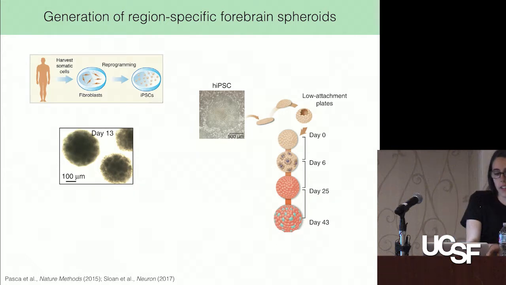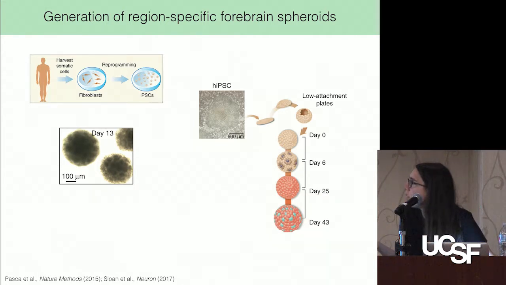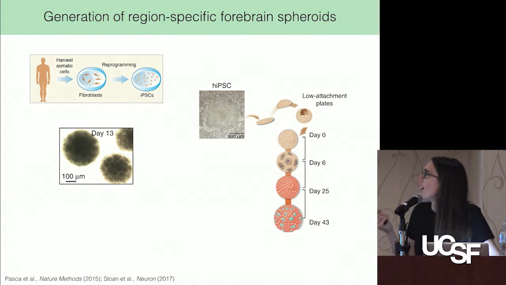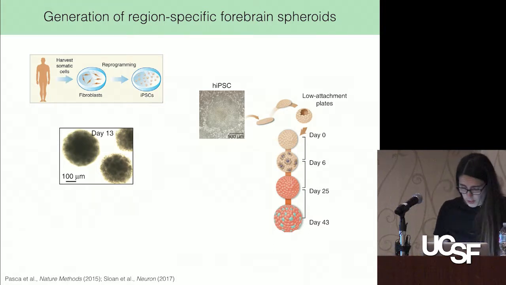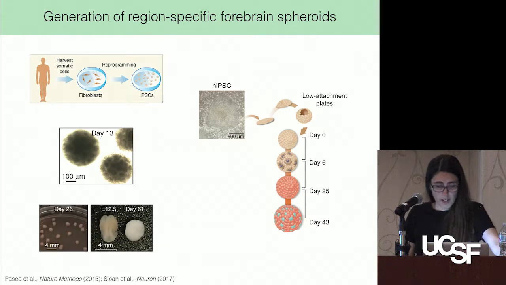And you can see these rosettes or progenitor areas that were mentioned before as well. They're quite small initially, but as they grow, they actually grow considerably in size. By day 60, they're comparable to an embryonic mouse brain.